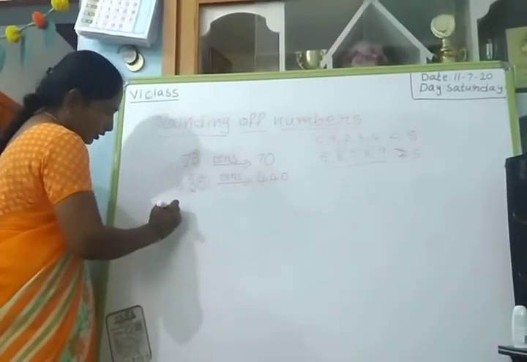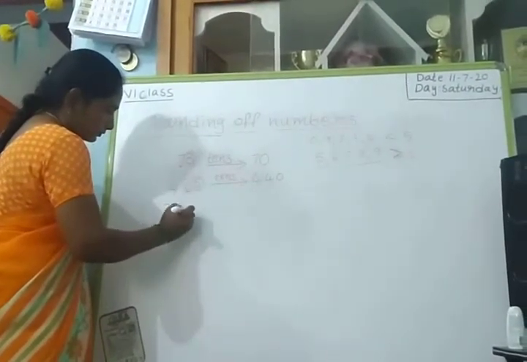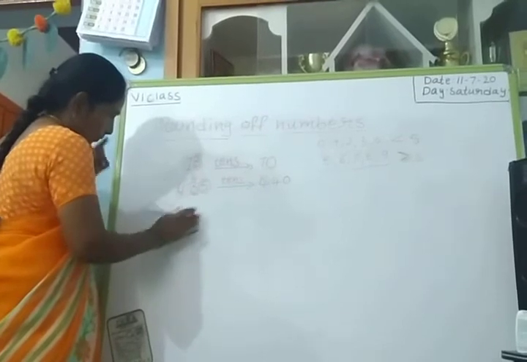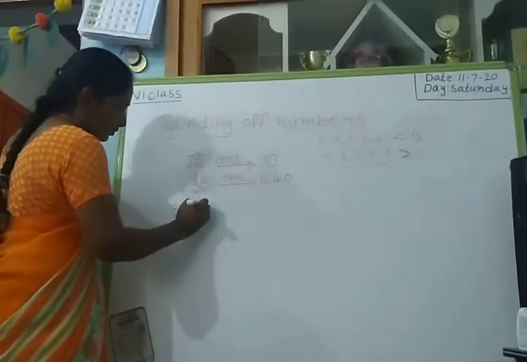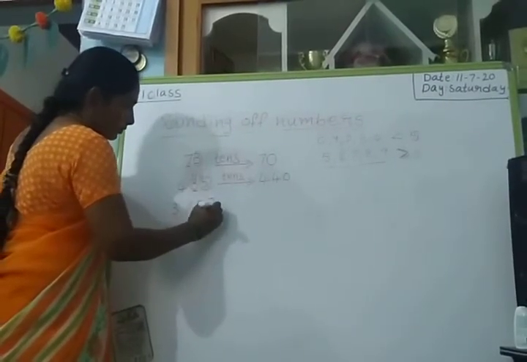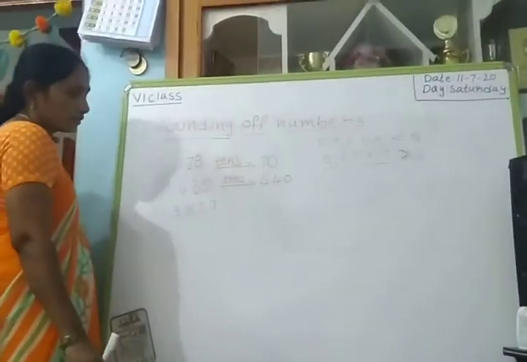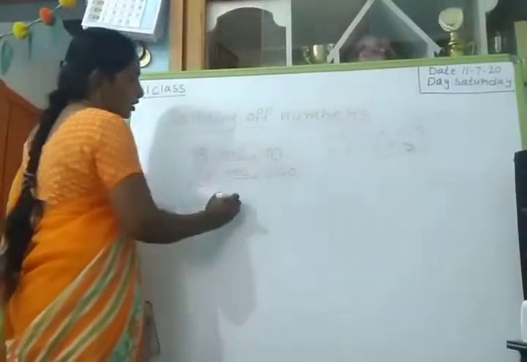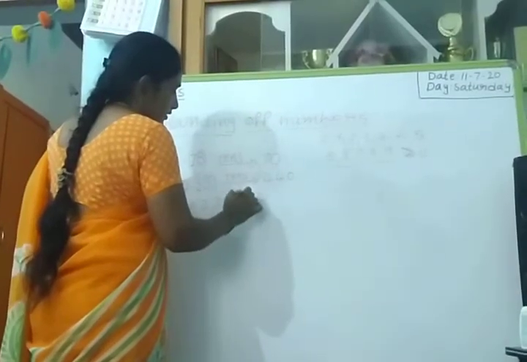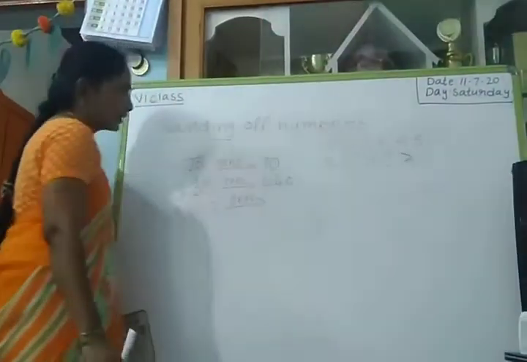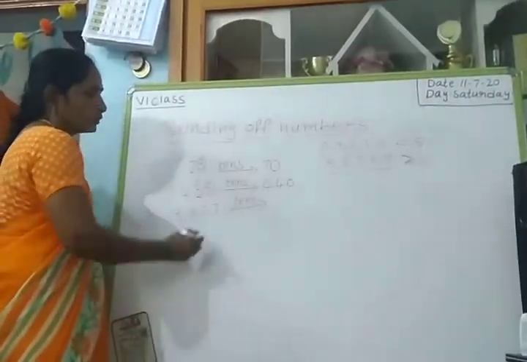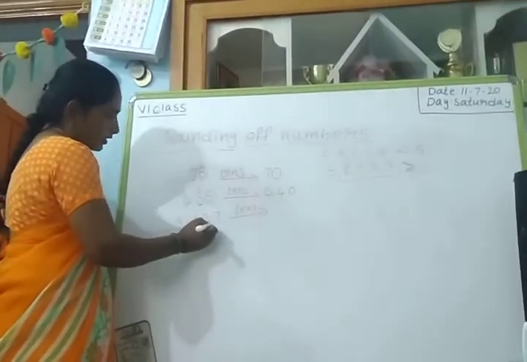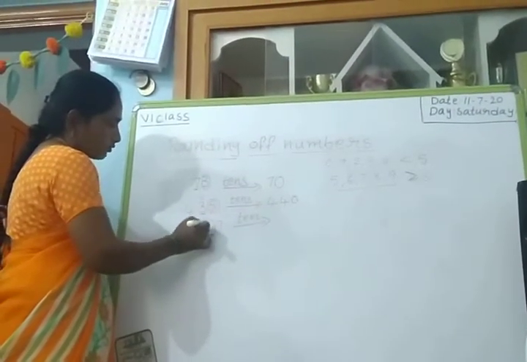One more example. 3627. Round off to the nearest tens. We are discussing tens only. The tens place digit in this number is 2.